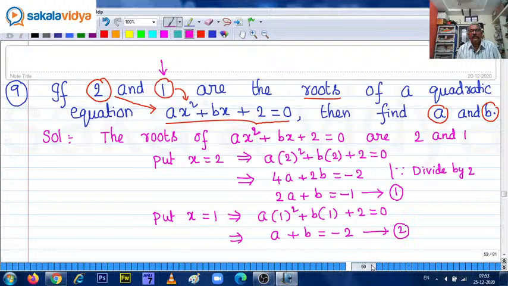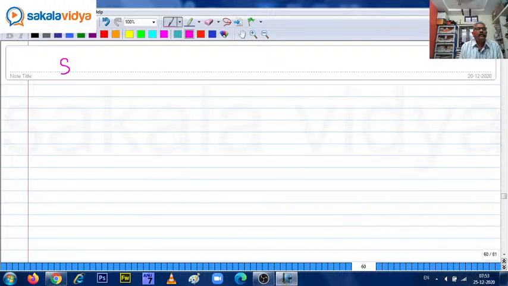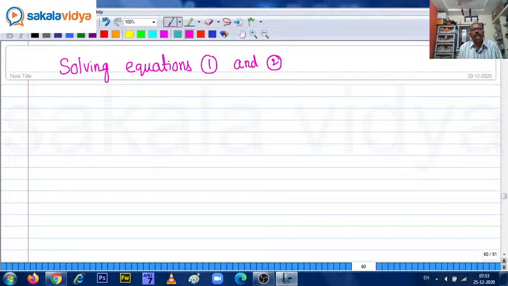So first write down solving equations 1 and 2. We get a and b.